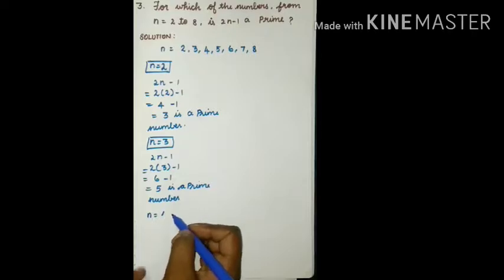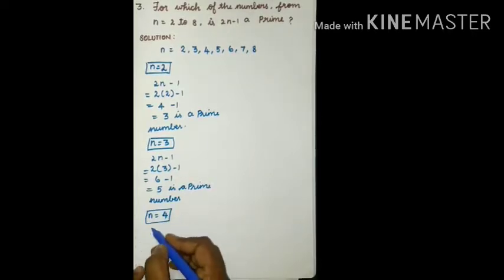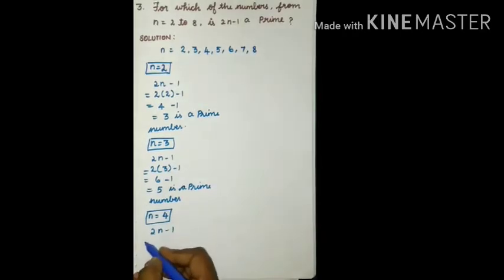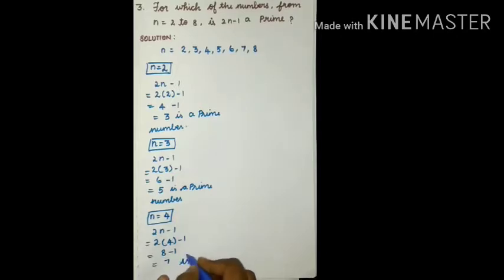Then substitute n equal to 4: 2n minus 1 is 2 into 4 minus 1. 2 4s are 8. 8 minus 1 is 7. 7 is a prime number.